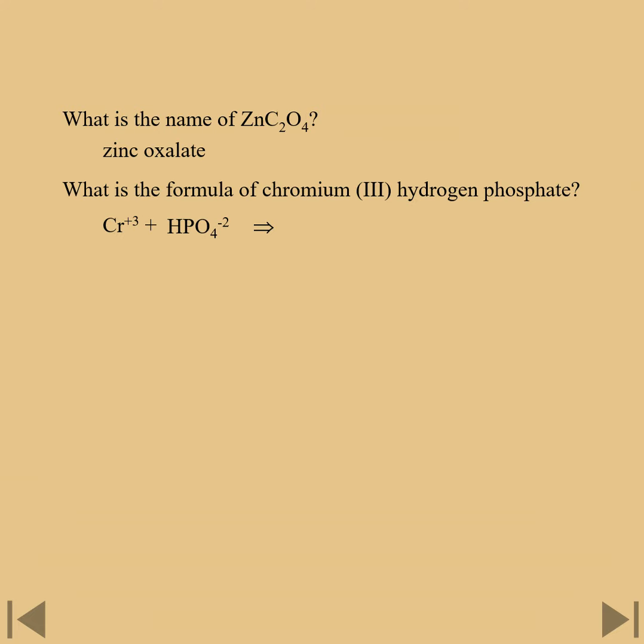That's why we have the -2 charge. So if you have a hydrogen left, you're going to have 1 less negative. 2 hydrogens, 2 less negatives. Okay, bonding number 3, bonding number 2, least common multiple of 6 tells us +6 is balanced by -6. And there's our formula for chromium 3 hydrogen phosphate.